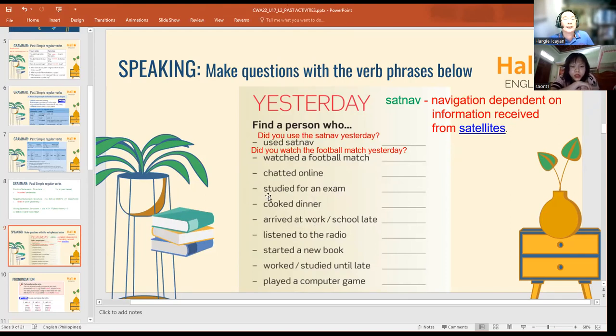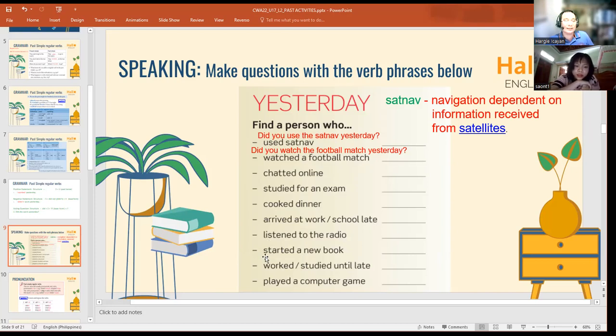Next. Did we study for an exam yesterday? Yes, that's correct. Did she cook dinner yesterday? Very good. Did she arrive at work yesterday? Yes, that's correct. Did you listen to the radio yesterday?